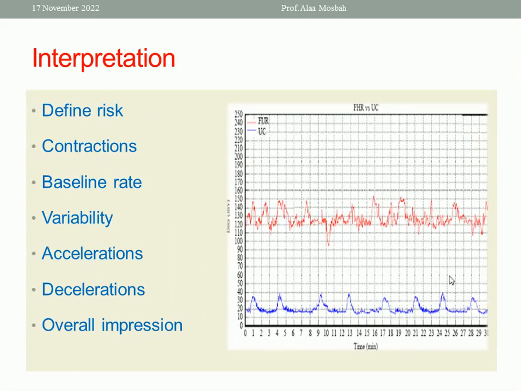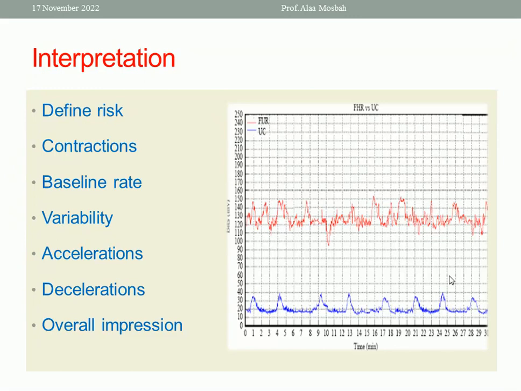What is the interpretation of CTG, or how to read CTG? First, define the risk. Is your patient high or low risk? Because the decision at the end of the CTG also depends on whether the patient is high risk or not.